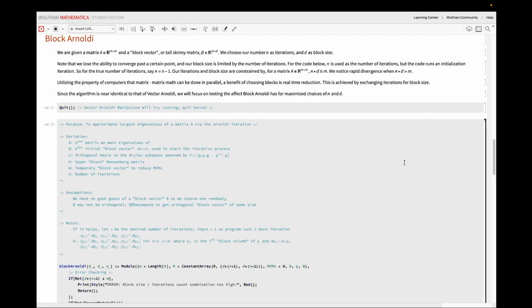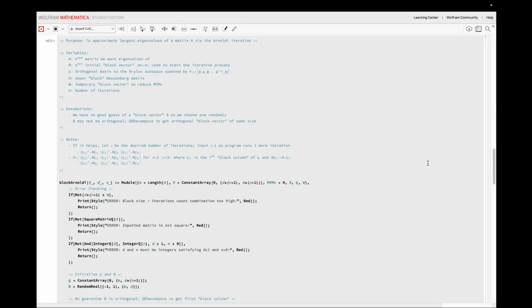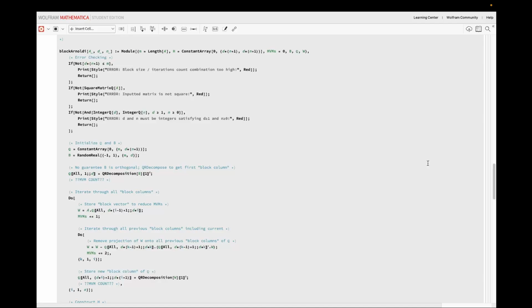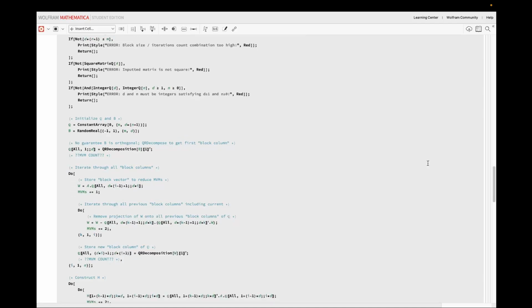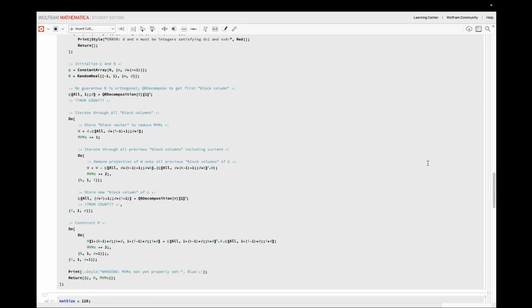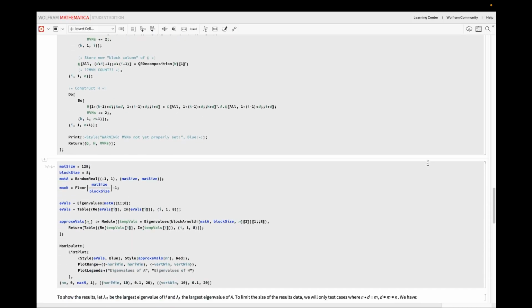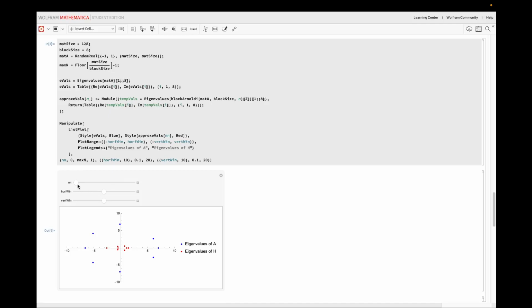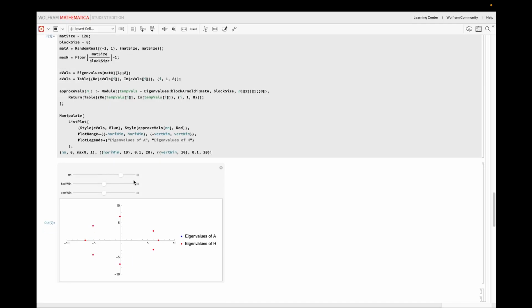To give a quick scroll of the code, feel free to pause at any time. But really, I want to focus on the results. This is up to your own interest to observe the code. So now, when it comes to showing the new plot of how the eigenvalues of H converge, we see that it tends to converge a lot faster.